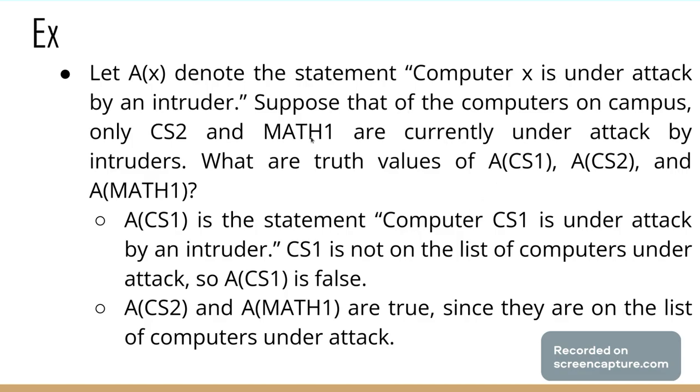We already know that only CS2 and Math1 are under attack. So A(CS1) will be false, A(CS2) will be true, and A(Math1) will be true. This statement is true only if x is either CS2 or Math1. For any other value, the statement will give the answer false.